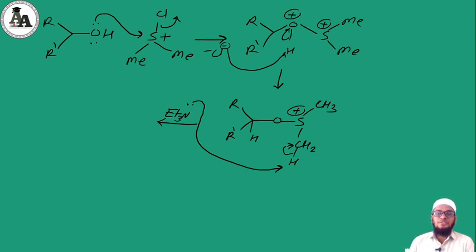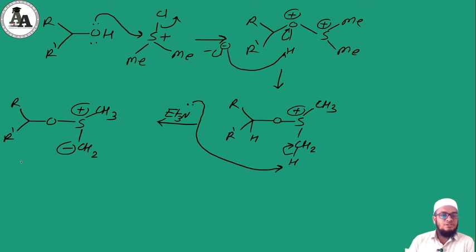So here we have the carbanion, which will go in resonance with this sulfur and make a stable compound called ylide. So the formation of ylide will take place over here. We have R dash, and this oxygen, this sulfur, this CH3 as it is, and another one CH2 negative, and this sulfur positive. It is called ylide, sulfur ylide.